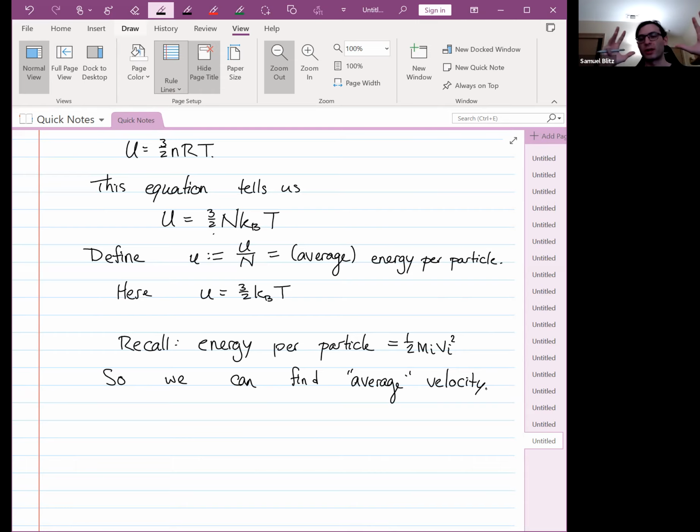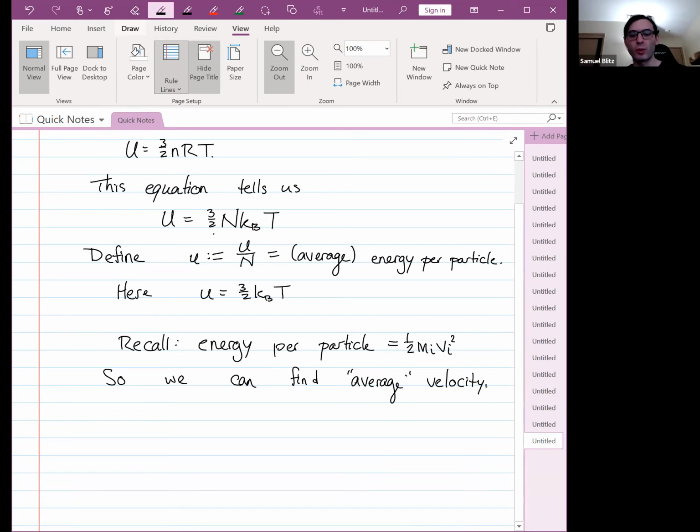It's not moving left or right. It's just sitting there bouncing around. So if the average velocity, computed by adding up all of the velocities and dividing by the total number of particles, was not 0, that would be the same as the center of mass velocity. And if the center of mass velocity isn't 0, then that means that the whole system is moving. But we're imagining that this box containing a gas is just sitting still.